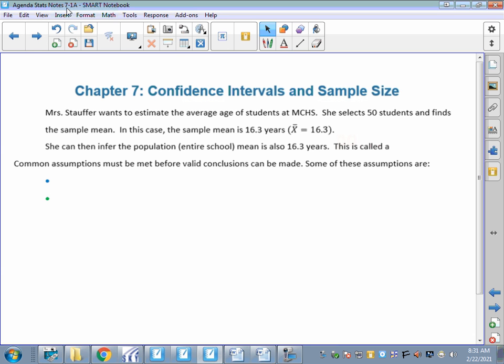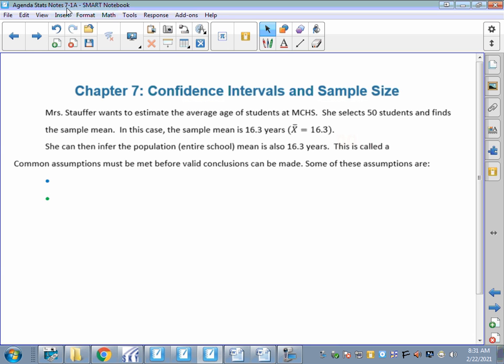So, and we know that we take a sample and we can sometimes make an inference. So let's say that I want to estimate the average age of students at Marine City High School. So I could do that using the whole population, or I could take a sample of 50 students and find that sample mean. Let's say in this case, my sample mean for that N of 50 was 16.3 years.